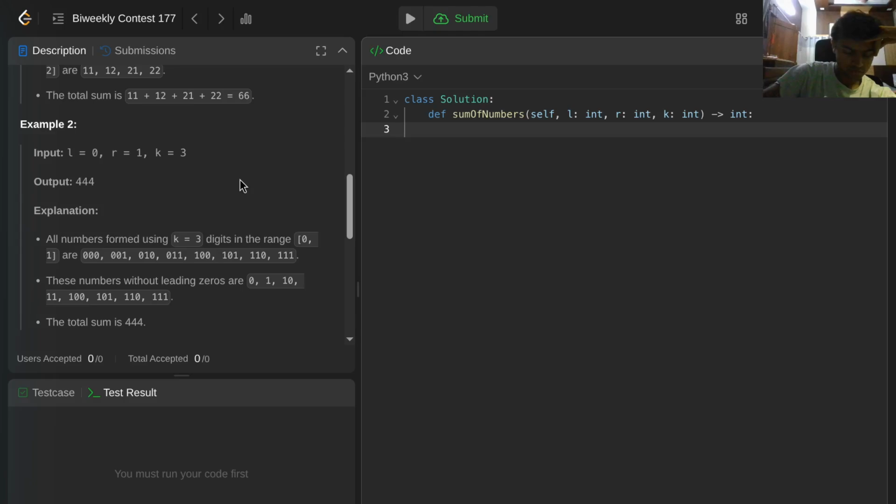So I can either choose 3 zeros, 3 ones, 2 zeros and 1 one, or 1 zero and 2 ones. If I choose 3 zeros, we have only one permutation, right?